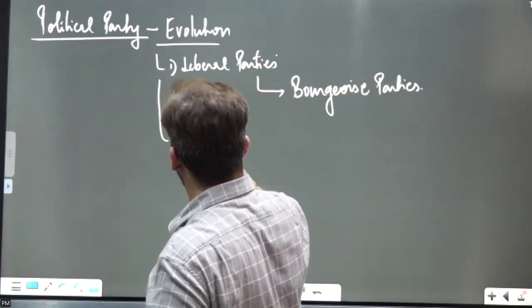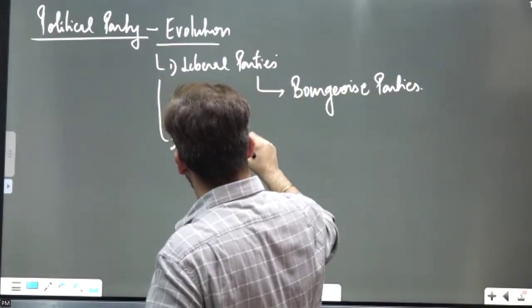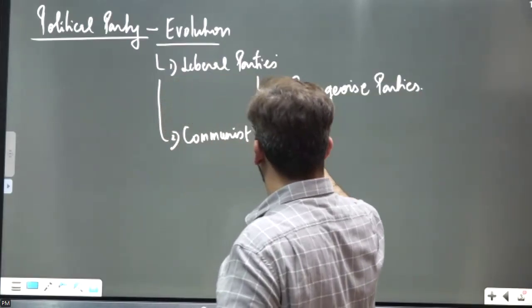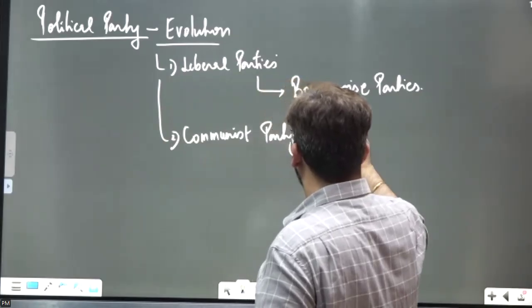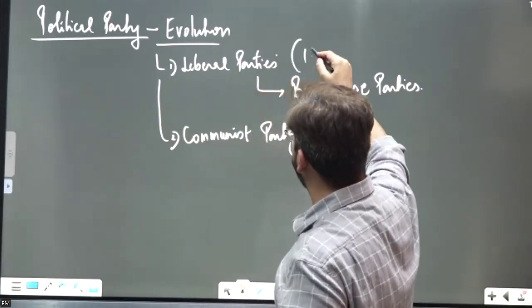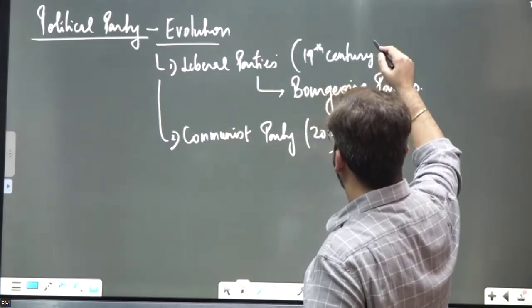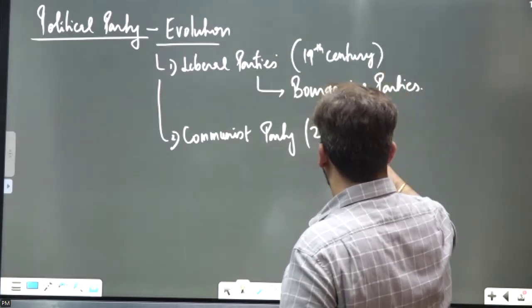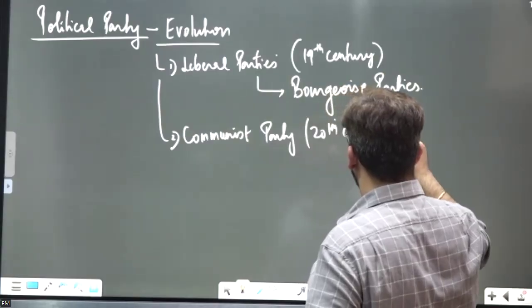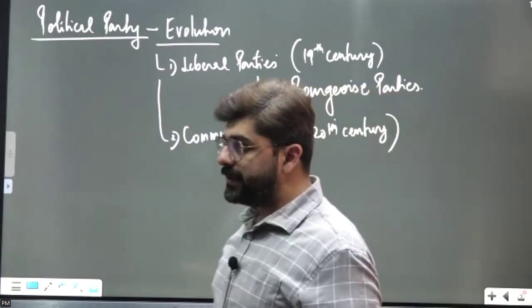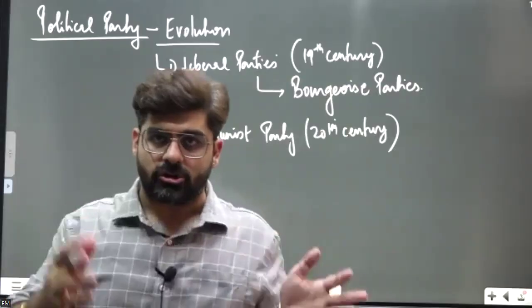Communist parties are there. Now, this communist party concept is coming in the 20th century, whereas the concept of liberal parties is primarily a concept of the 19th century. Okay. And during the 20th century, what we also saw was that the right to vote was given to a large section of people.